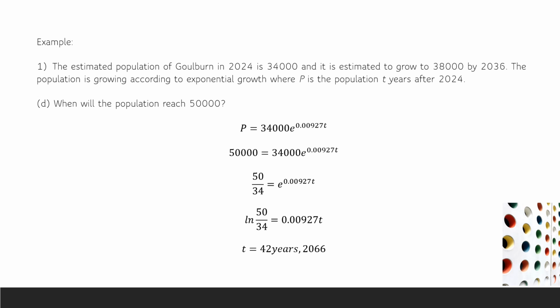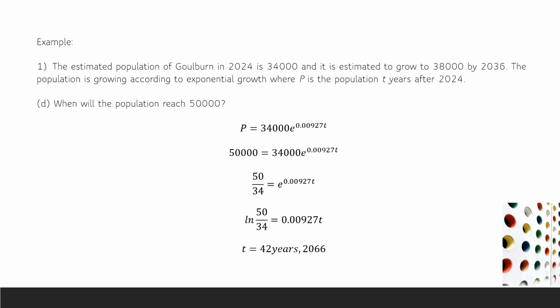When will the population reach 50,000? So that's the P. Put that where the 50,000 is. Divide by the 34,000 and you get 50 over 34. Same as before, if I want to leave the 0.00927t as my right-hand side, and I've got a base e on the other side, I'm going to make it log base e of 50 over 34, or ln.